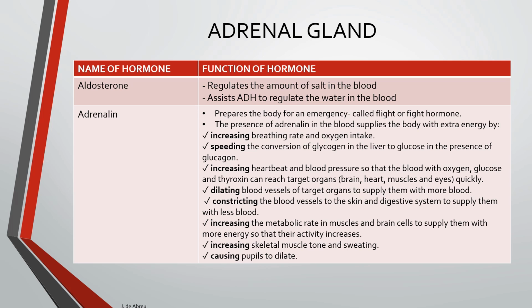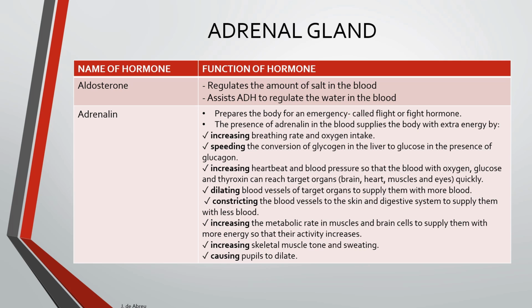Then we must increase the heart rate and blood pressure to get this blood with the oxygen and glucose to our target organs. And it dilates the blood vessels also to help the blood get there quicker. It constricts the blood vessels to the organs that aren't the target organs. And then it also increases the metabolic rate in the muscles.